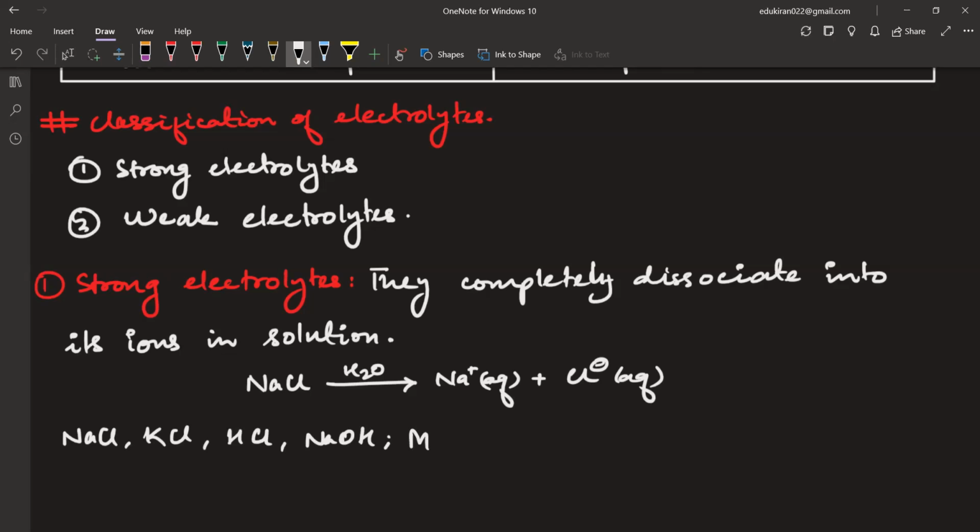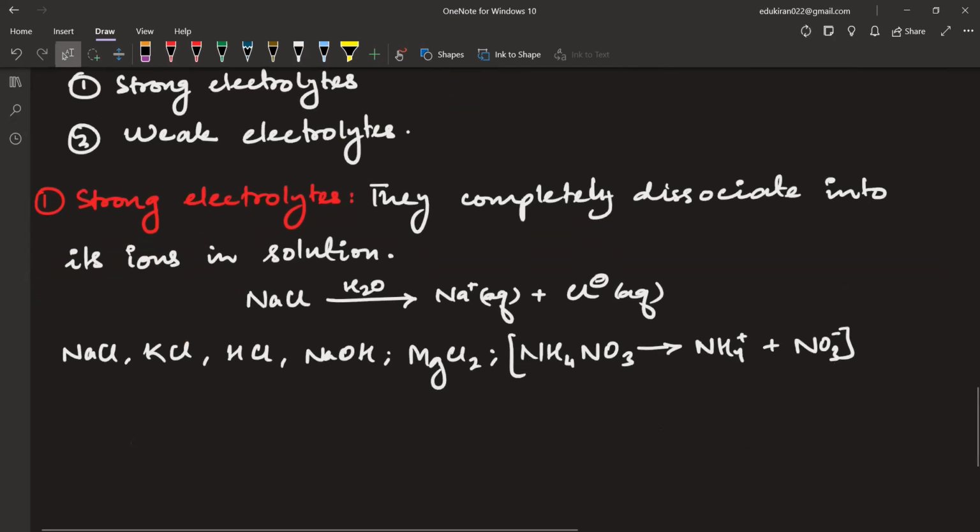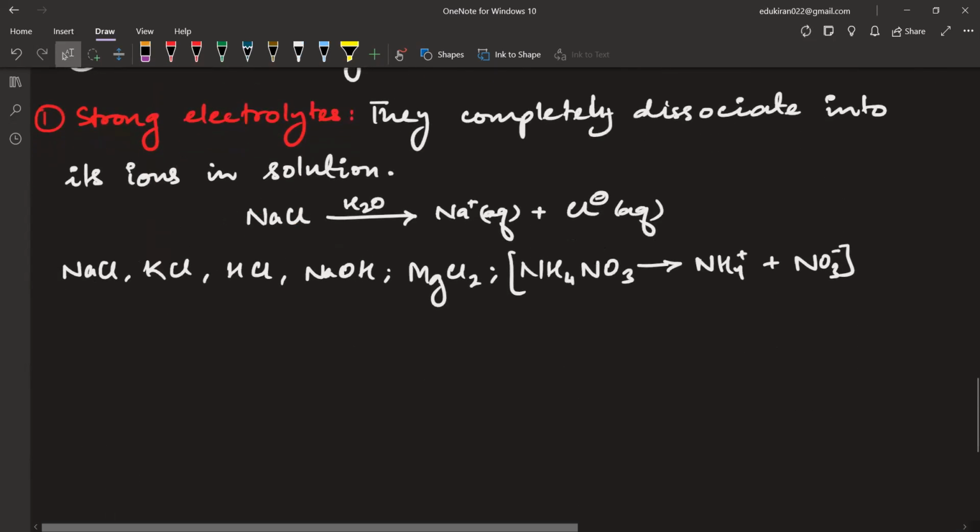There are also things such as MgCl2. Then you have NH4NO3. It will transform into NH4+ plus NO3-. So these will be the ions for NH4NO3. For the others, I hope you know how they will dissociate. So these are strong electrolytes.